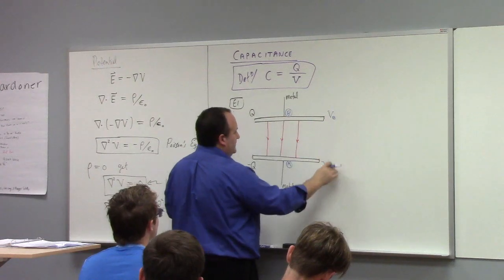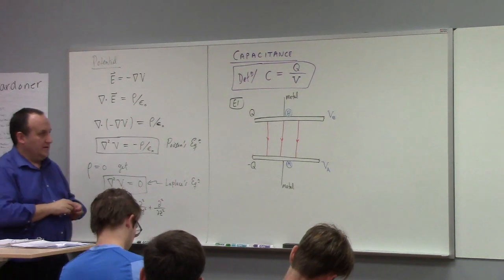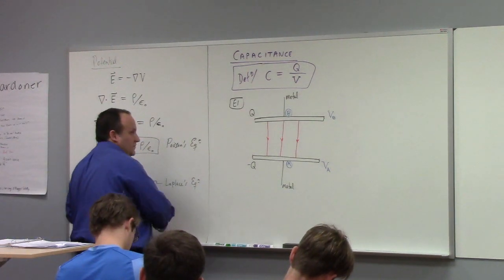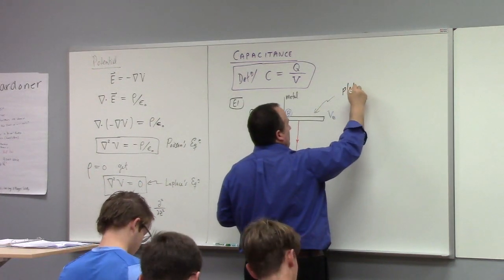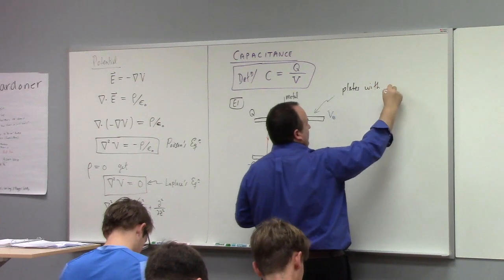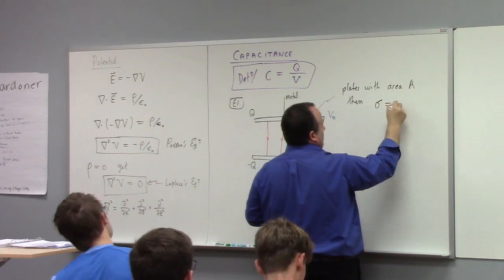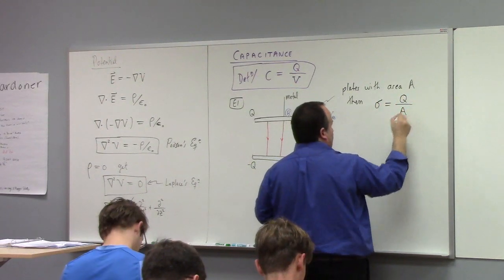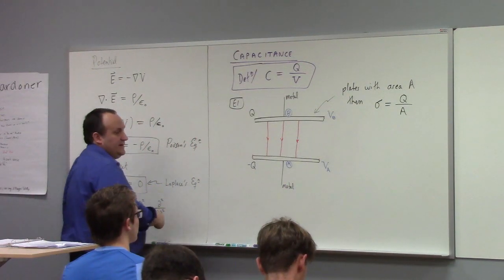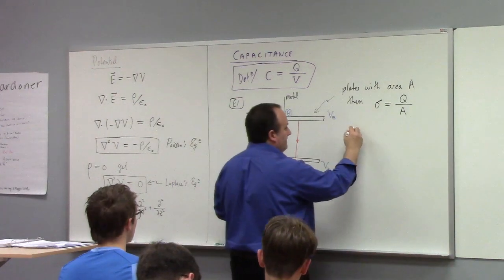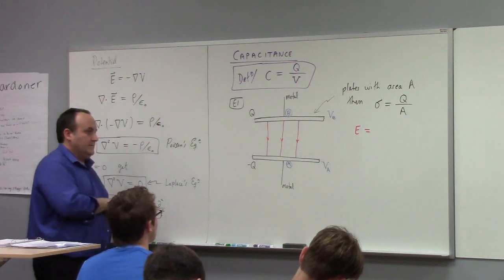How is the voltage A and voltage B related to the electric field here, and how is that related to the charge? Well, if these are plates with area A, then sigma is Q over A. That's the charge per unit area. And what's the electric field here in my picture?